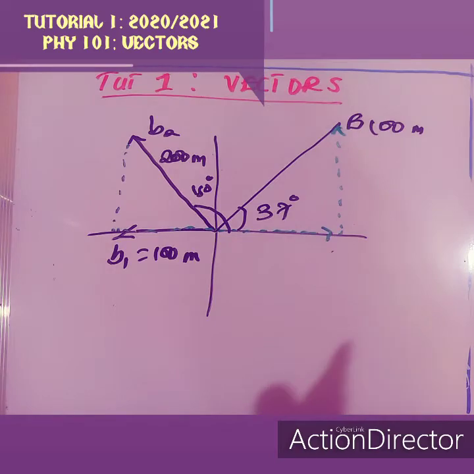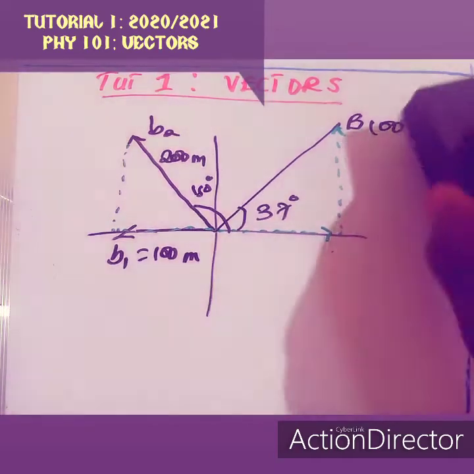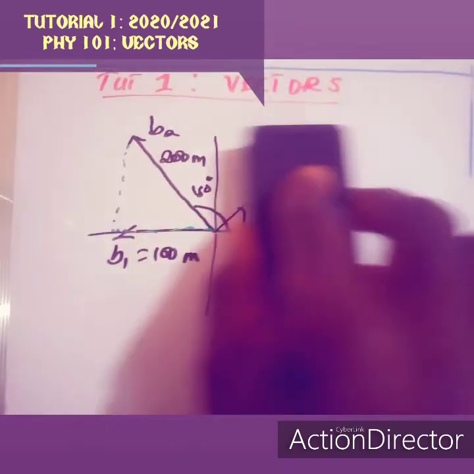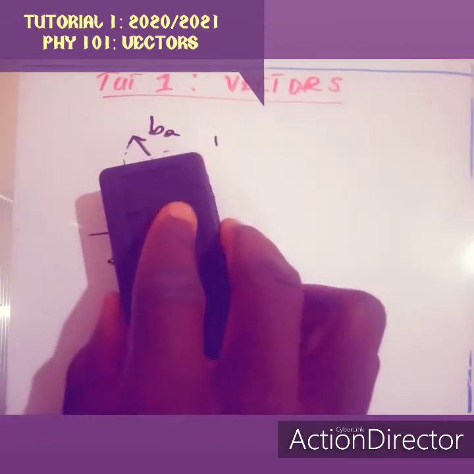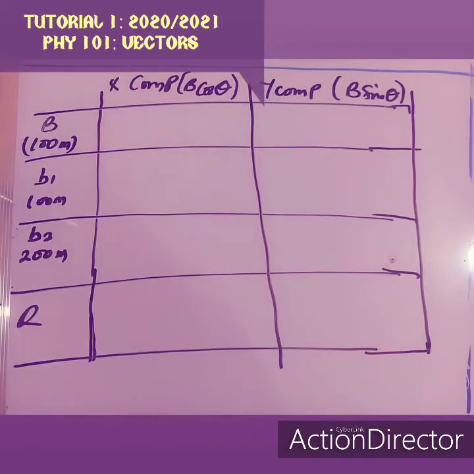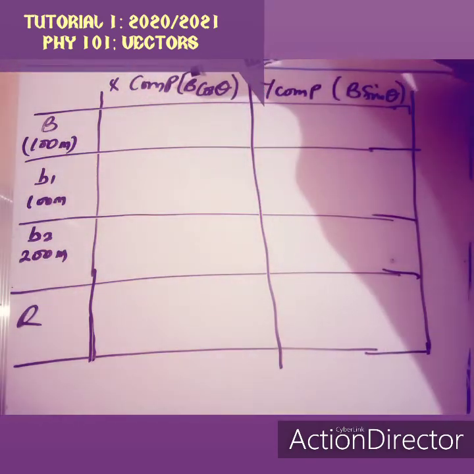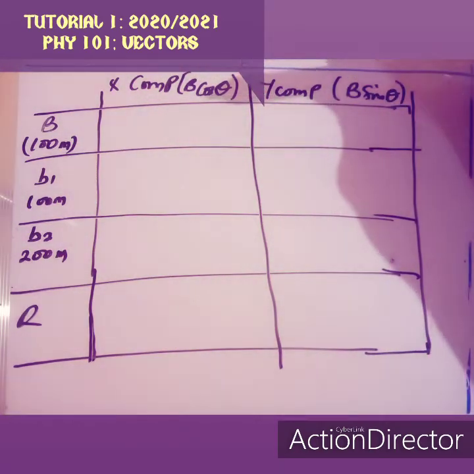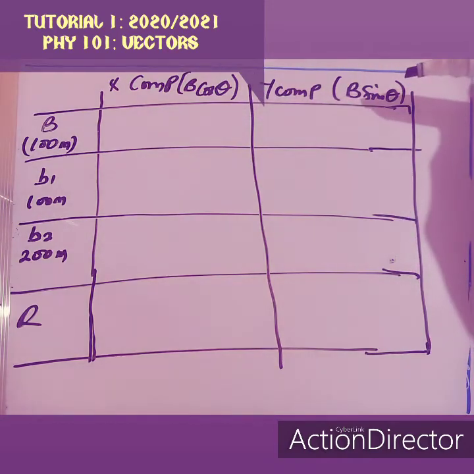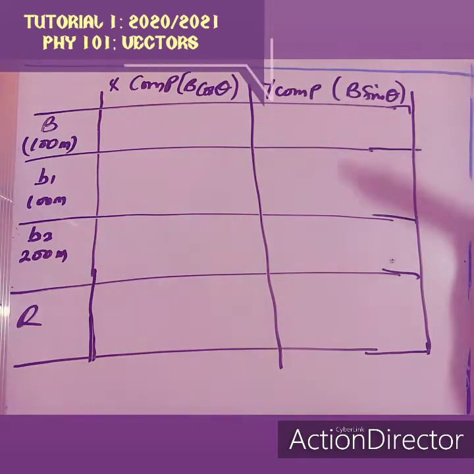So we're going to dissolve them into components. How do we do that? We write our table. Our table will look like this. You have your X component, or B cos theta, and your Y component, that is B sine theta.